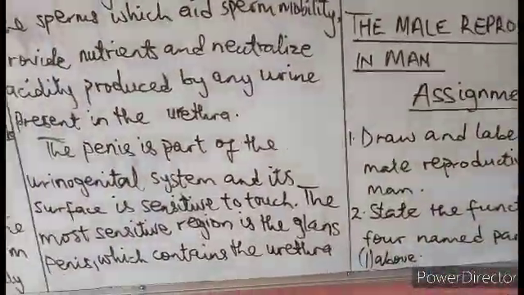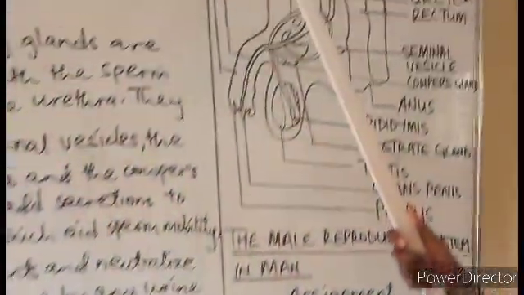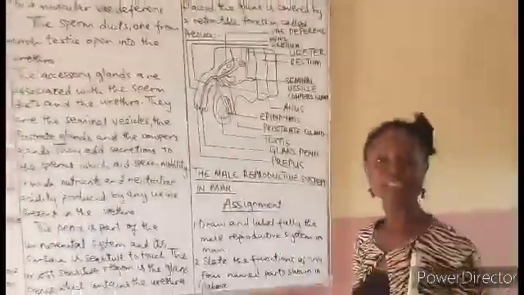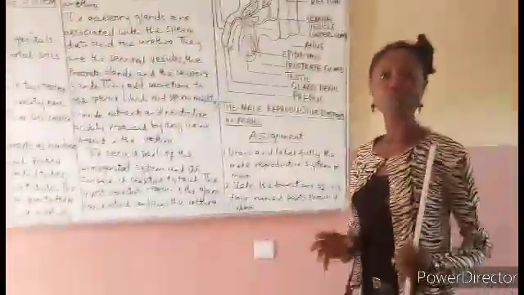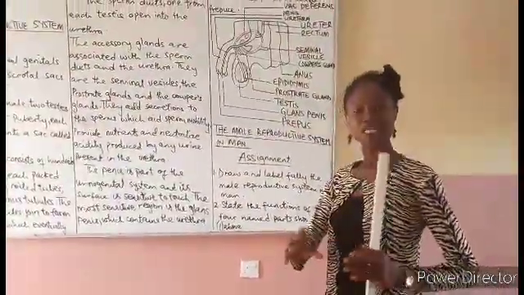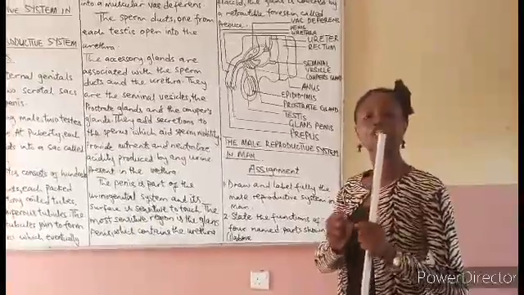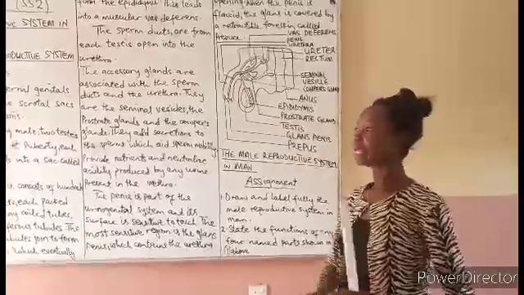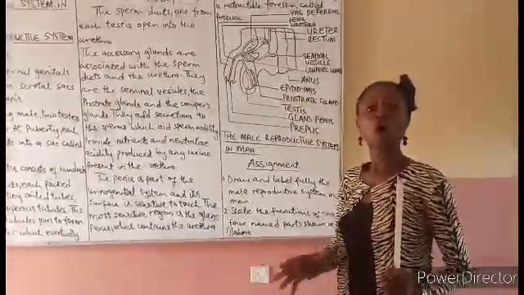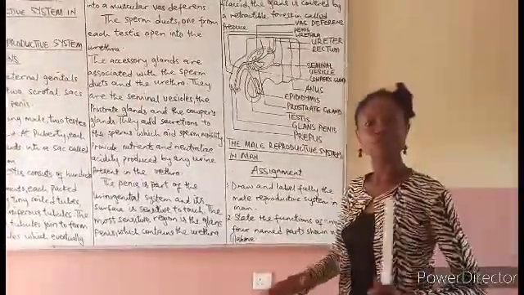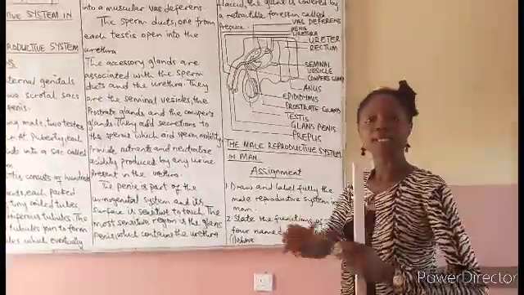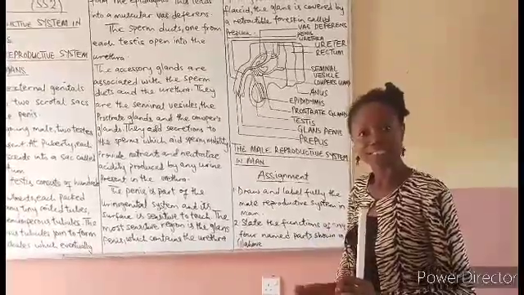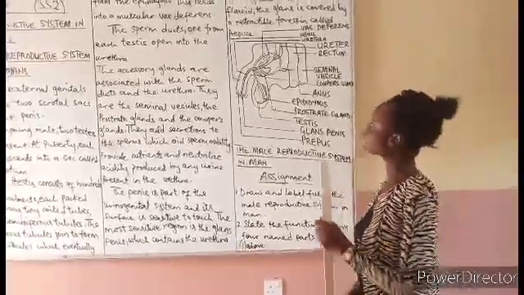Now when the penis is flaccid, what do we mean by flaccid? When the penis is sexually stimulated, it enlarges and becomes very strong. But when it is not, the length will reduce, and it will become soft at that moment.